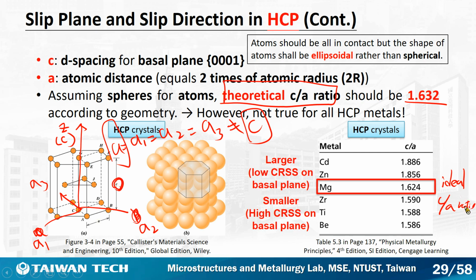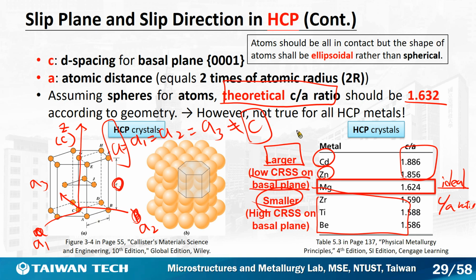However, for some of the HCP metals, for example, cadmium and zinc, this one is larger for C over A, and for these three, it's smaller for C over A. And for the ones equal to the ideal or larger than the ideal C over A ratio, you will have low CRSS and have the basal plane slip.